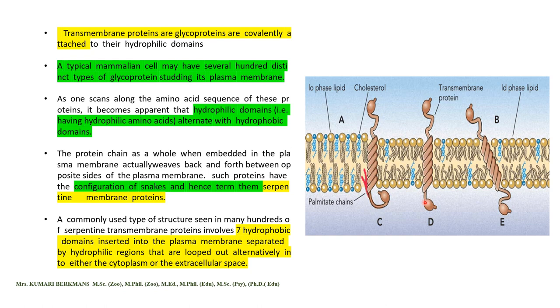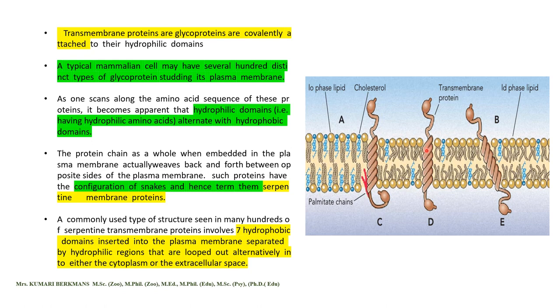Okay, a commonly used type of structure seen in many hundreds of serpentine transmembrane proteins involves 7 hydrophobic domains inserted in the plasma membrane. Here you can find the 7 hydrophobic domains inserted in the plasma membrane, separated by hydrophilic regions.